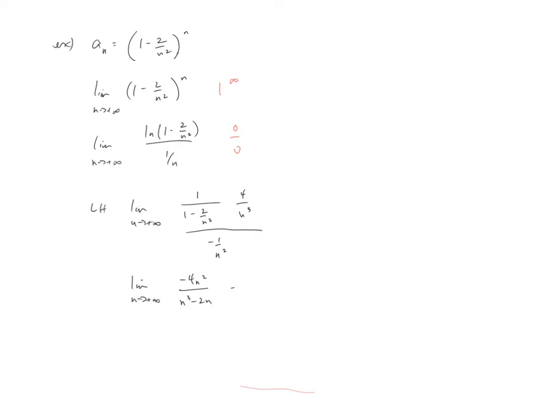So I'll mark this as 0, but don't forget, we did log it back up here, so we'll need to take e raised to the 0 in this case. So if we have e raised to the 0, we get a 1. So what we can say then is that the original sequence converges to 1.